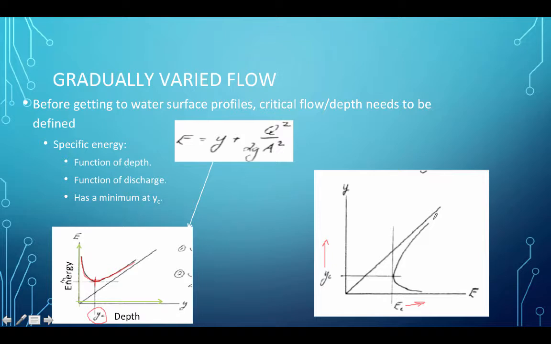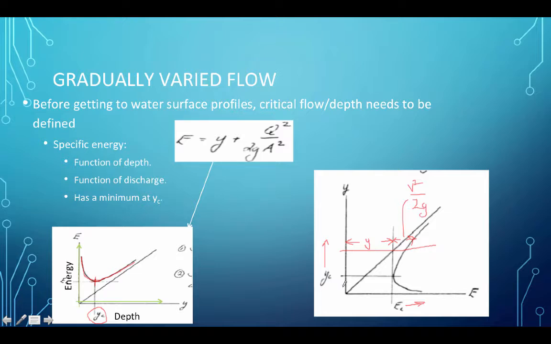And what it tells us is this is for some particular value of Q. If we go to, I'm just going to pick that depth arbitrarily, it's telling us that the specific energy, that portion of it is based on flow depth, and this portion is the V squared over 2g.